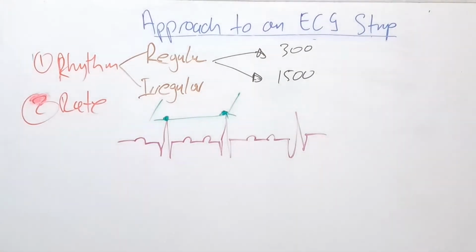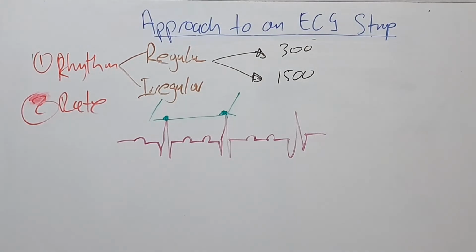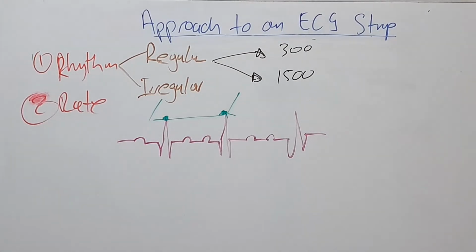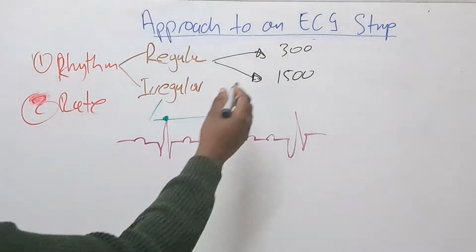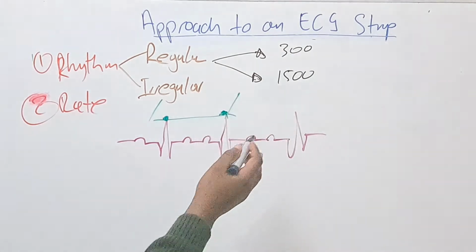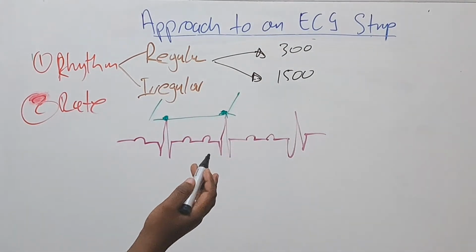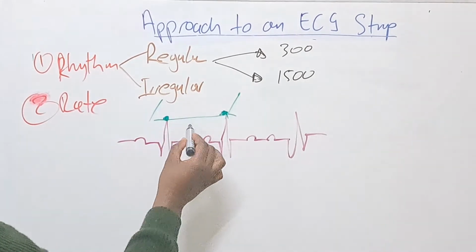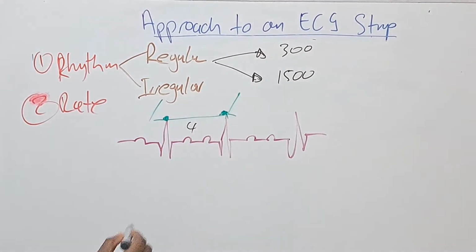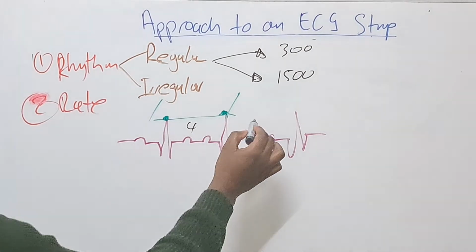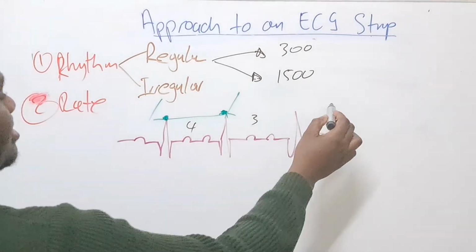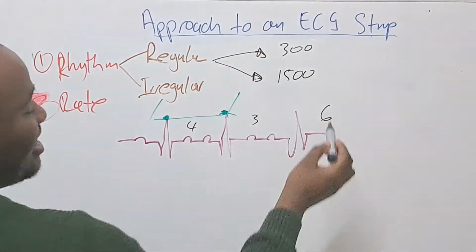But I didn't say anything about when it's irregular. I just mentioned that when it's irregular, you can't use these two methods. If you use the 300 large box method, there might be 4 large boxes on this one, then 3 on this one, because the rhythm is irregular, or there might be 6 there, or even 5.